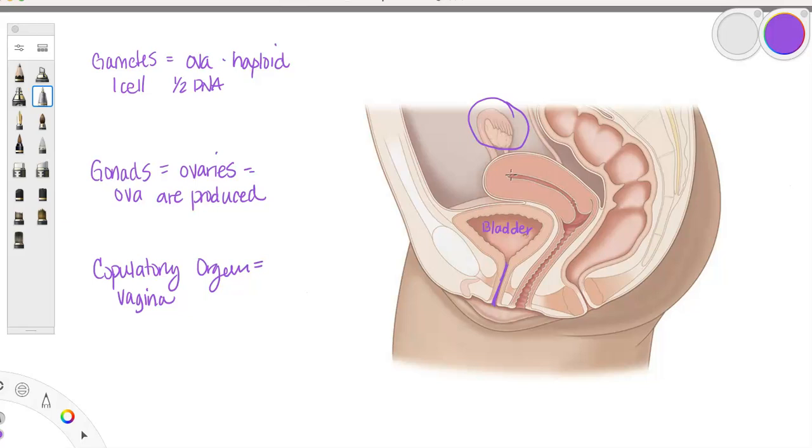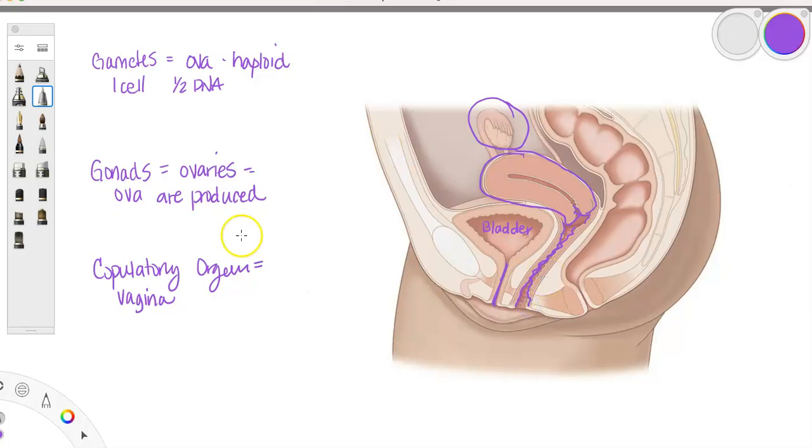Okay, it kind of hangs off of it, all right? This right here is the uterus. Okay. And this is the vagina.